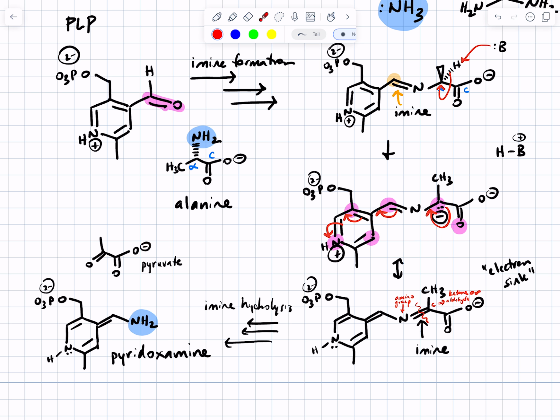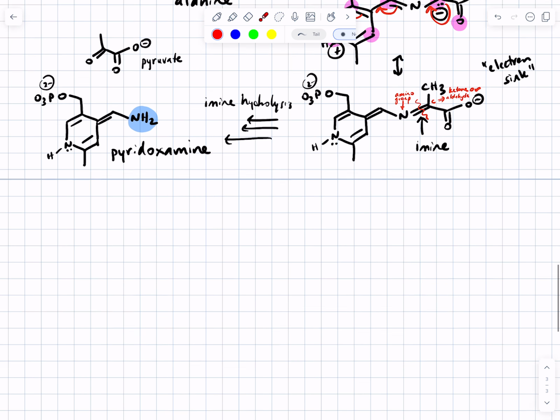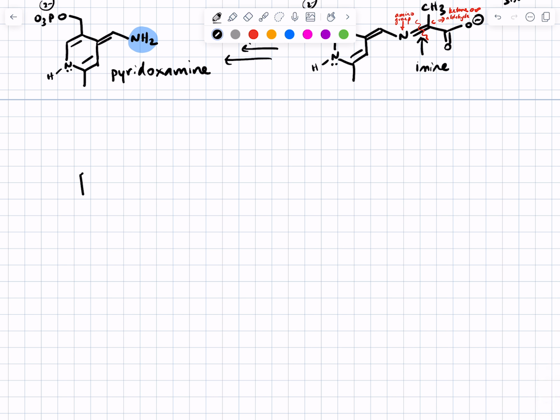I had a question on the enamine. Sure, enamine. Yes, great question. If you had a ketone and the R groups on either side were different, which enamine should you form?